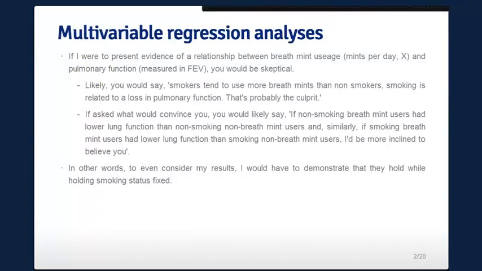If I were to give you an example where I said there was a regression relationship between breath mint usage and pulmonary lung function, let's say measured in FEV, which is a measure of lung function, you would be skeptical, right?